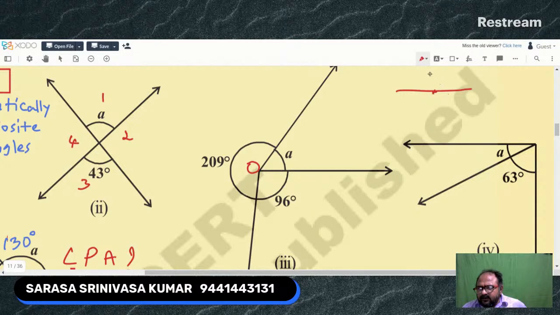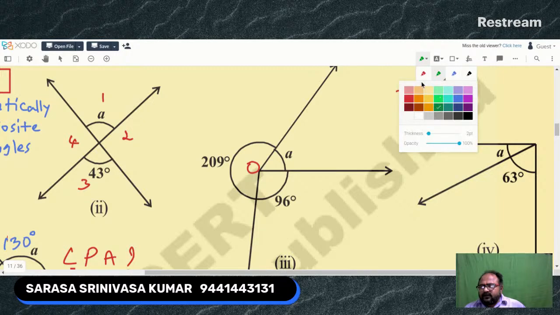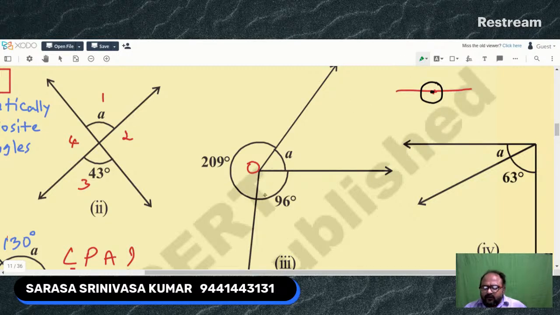The sum of all angles formed at a point is always equal to 360 degrees. So, by using this property, can you conclude that the sum of the angles formed at O is equal to 360 degrees?